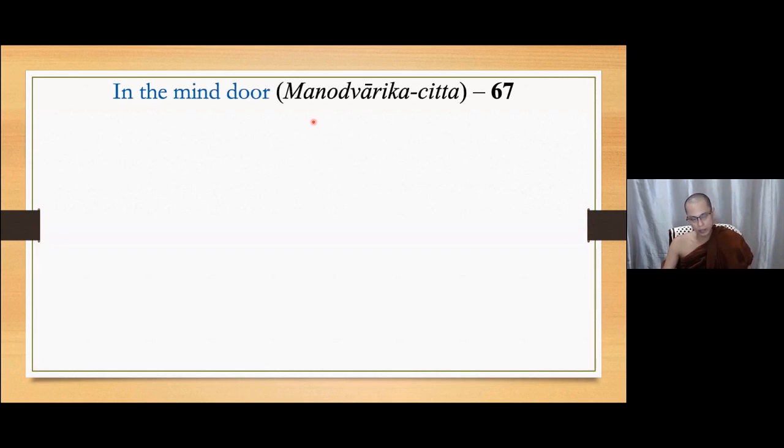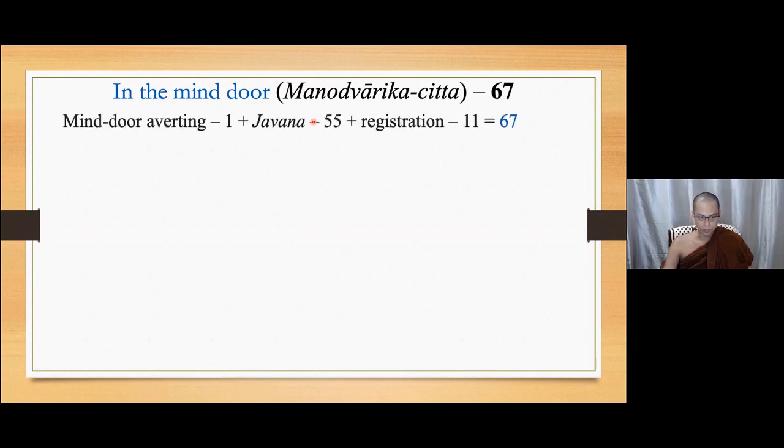So the last one, the mind door, we need to study about the mind door. For the mind door, there are 67 consciousness that arise. What are the 67? Mind door advertence, 55 javana, and registration. So only 3 moments can be.